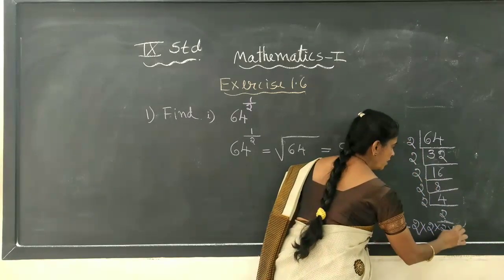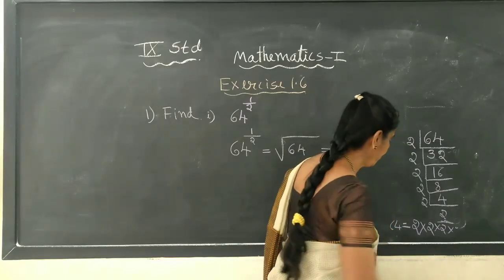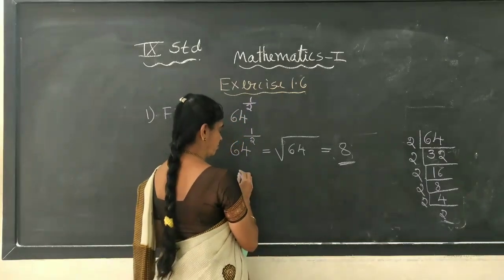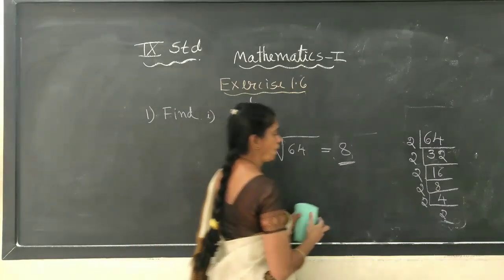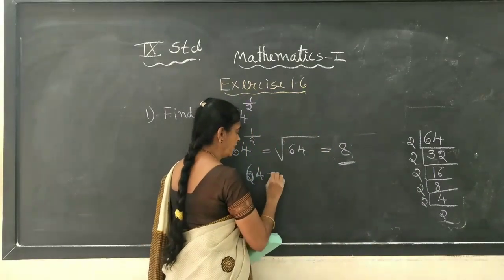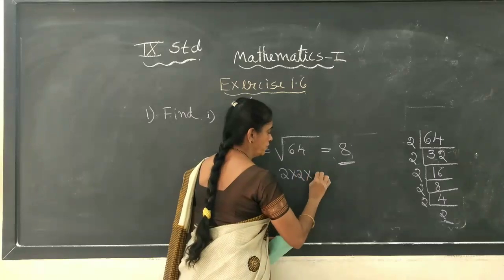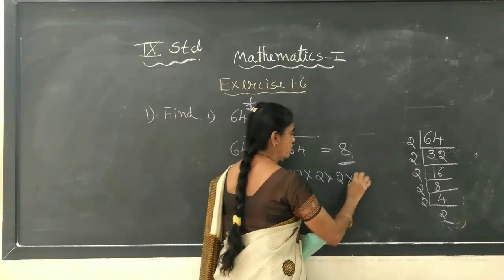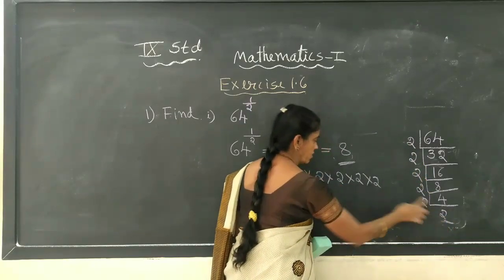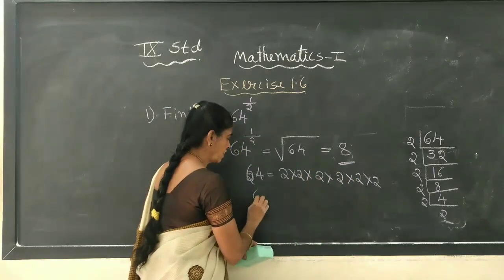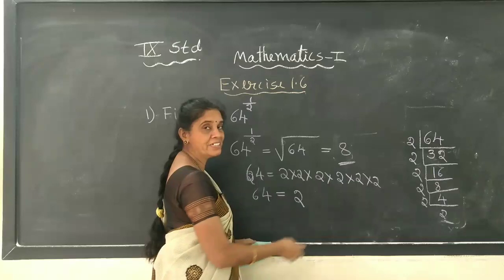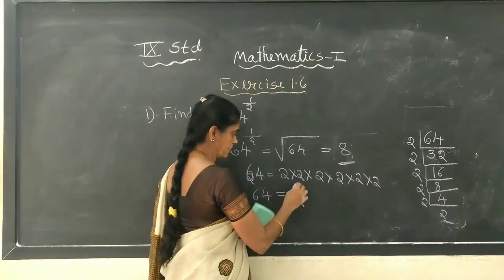I will write it here. 64 is nothing but 2 into 2 into 2, how many times? 1, 2, 3, 4, 5, 6. Totally 6 times is there. So 64 is nothing but 2 multiplied 6 times, so it is 2 to the power of 6.